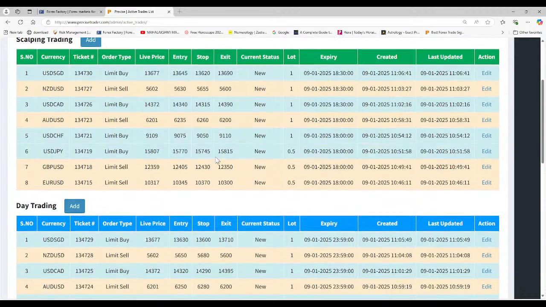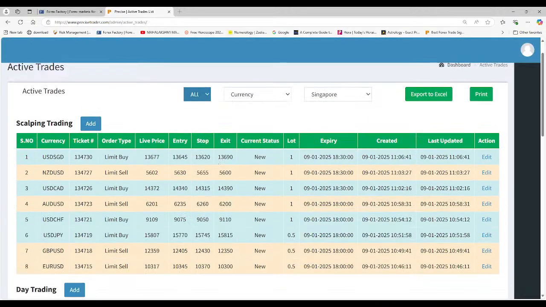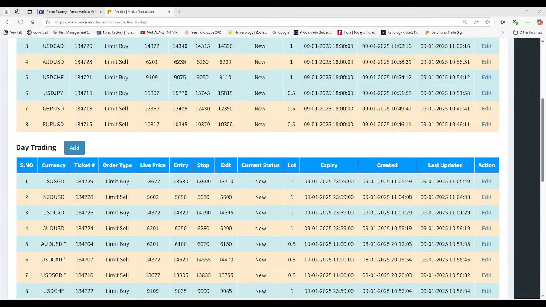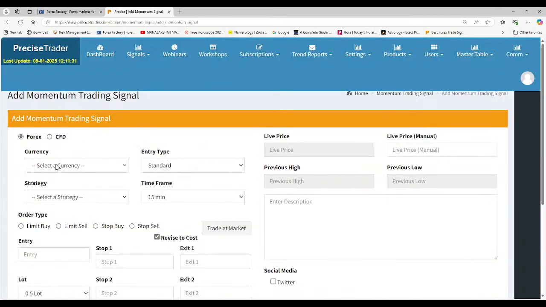What we can do is go for another sell at 12350, then 12375 or 80. 75 or 80 should be your another sell. So what we are going to do is a momentum trade.